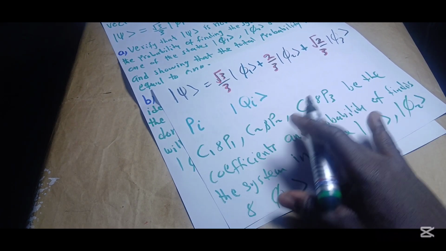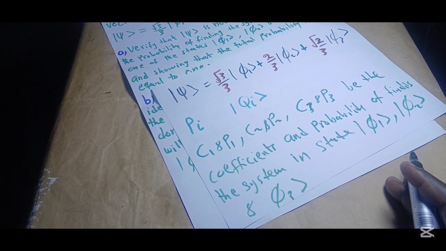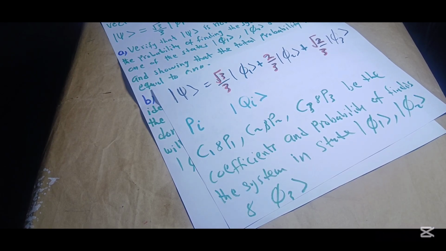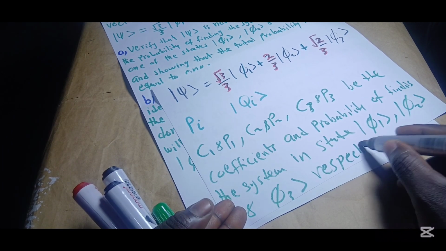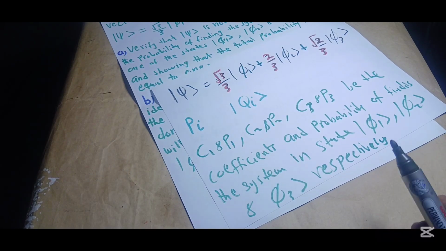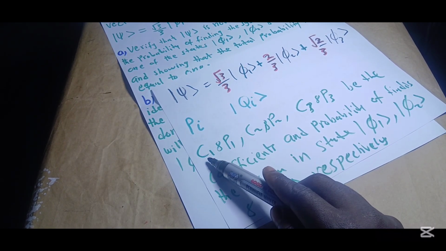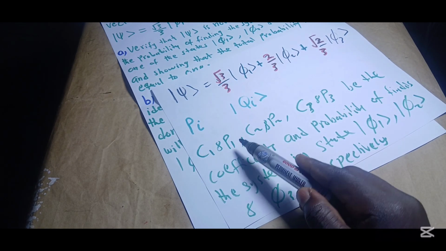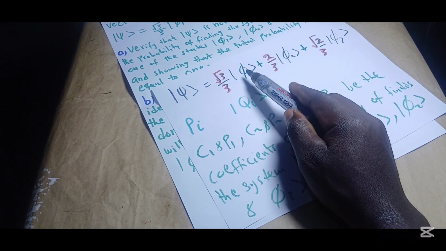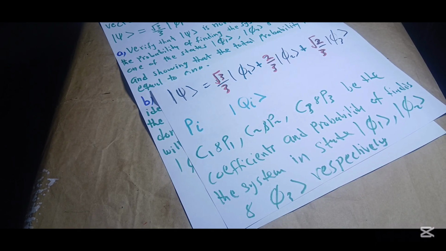Once we define these terms, our calculation becomes simpler. Now our examiner knows that wherever we are talking about C1 and P1, C1 is the coefficient of phi 1 and P1 is the probability of finding the system in phi 1. So we can go ahead and use our defined variables.